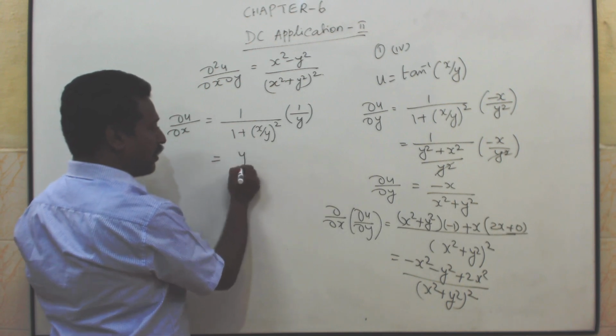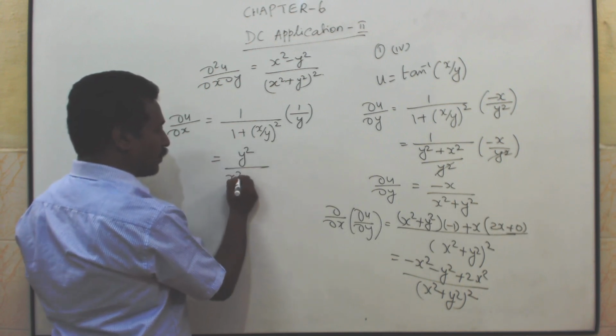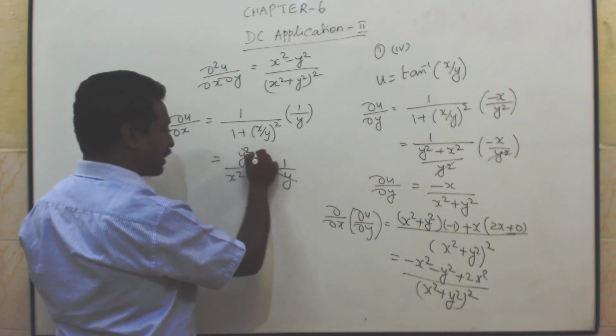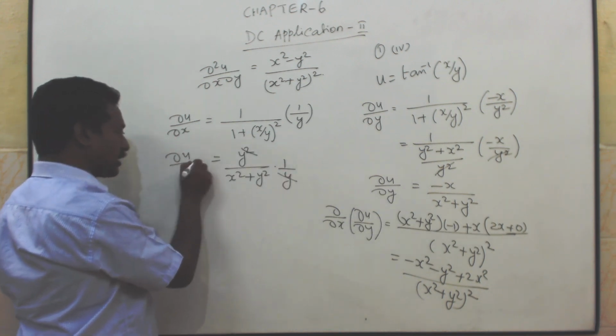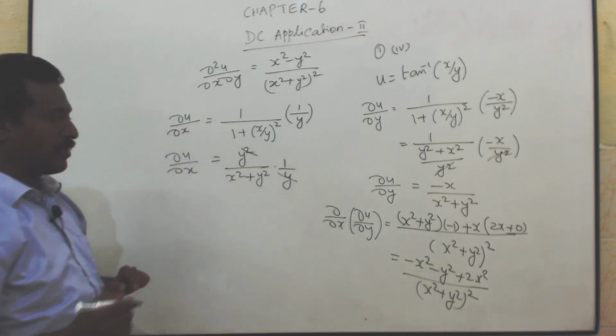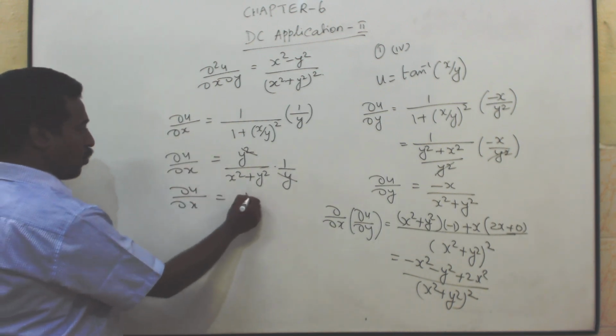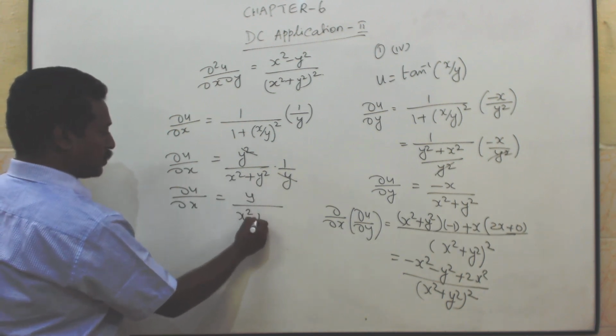Taking LCM and simplifying, we get y square by x square plus y square into 1 by y. The y cancels. That is dou u by dou x. So dou u by dou x equals y by x square plus y square.